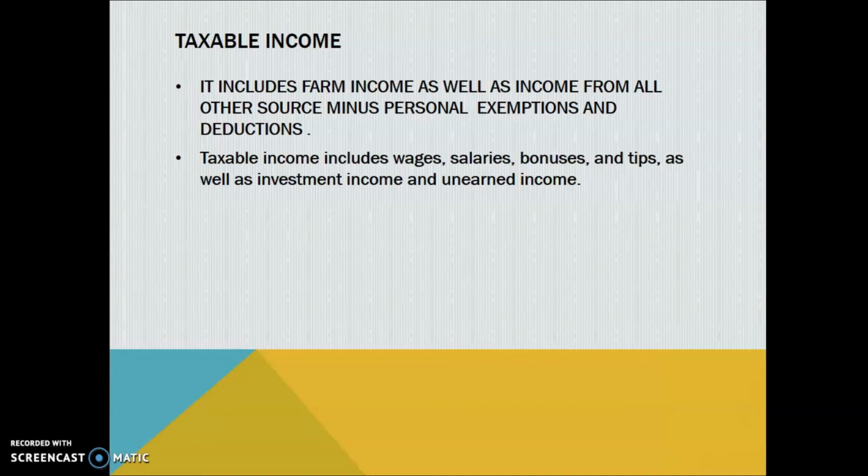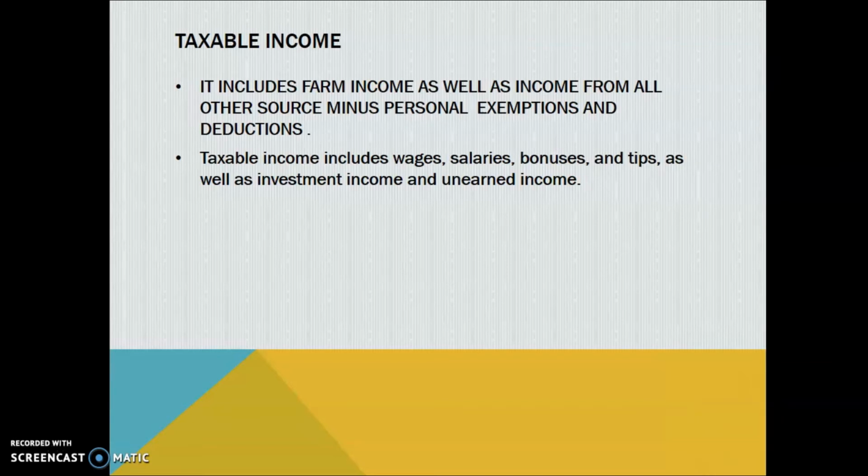So how do I calculate my taxable income? Your adjusted gross income is calculated by subtracting the adjustments from your total income. Your adjusted gross income is the next step in figuring out your taxable income.